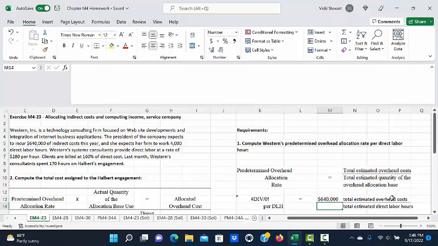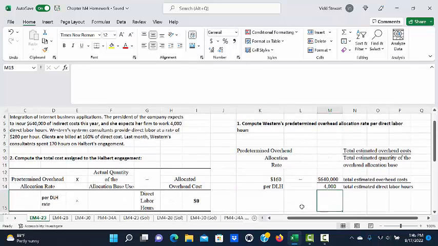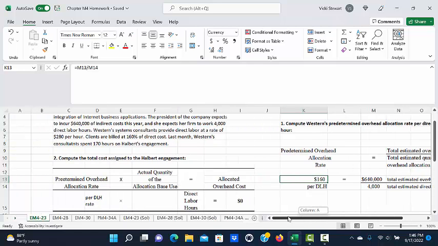So those would be the estimated overhead costs. And she expects her firm to work 4,000 direct labor hours. So the overhead or indirect costs will be applied based on the direct labor hours. So our rate for our indirect costs will be $160 per direct labor hour.